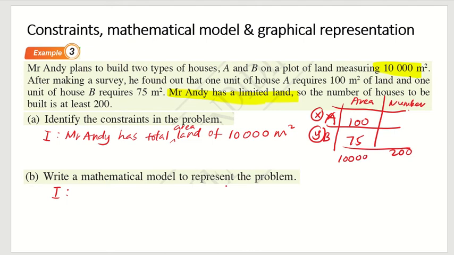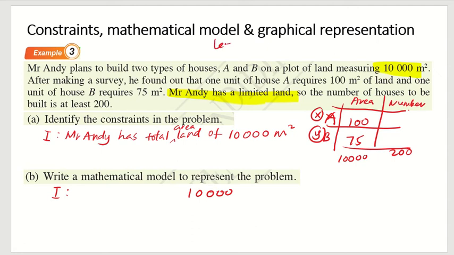Okay, so your first is how much total land? The total land is 10,000. What is the total land? It is how much area? One house, house A, is 100. Then how many of A?